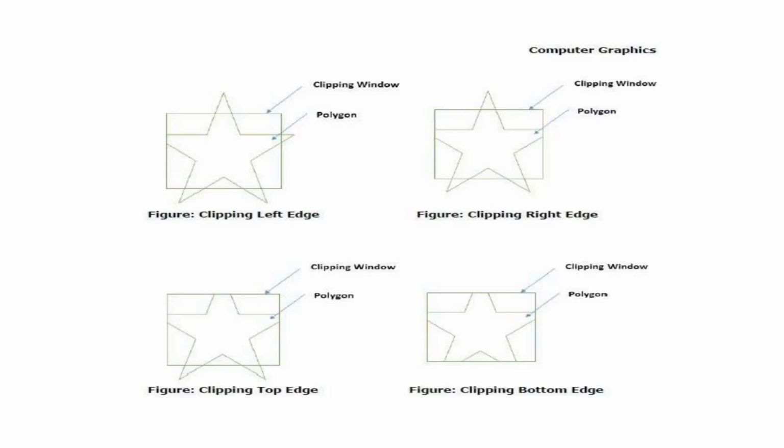Next, clipping the top edge, in the third figure, the edges of the polygon which are outside the window are totally clipped. And finally, in the fourth figure, we have a polygon whose edges are completely inside the clipping window. I think this is very simple to understand.